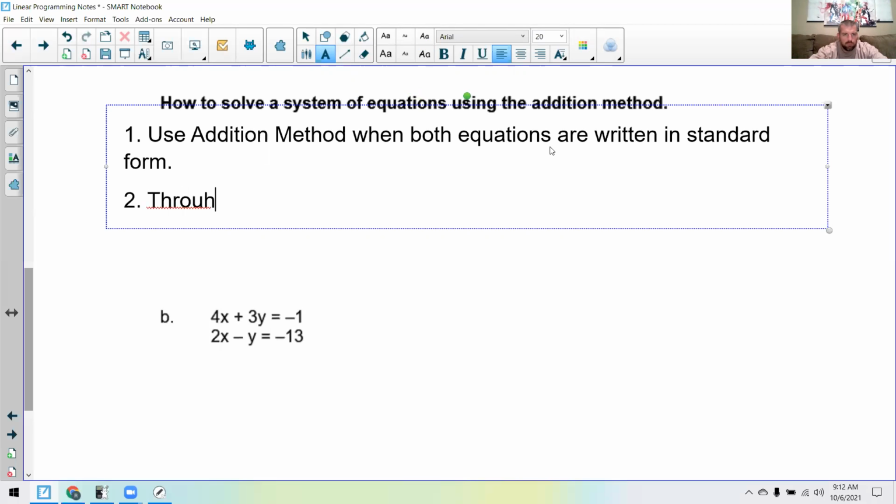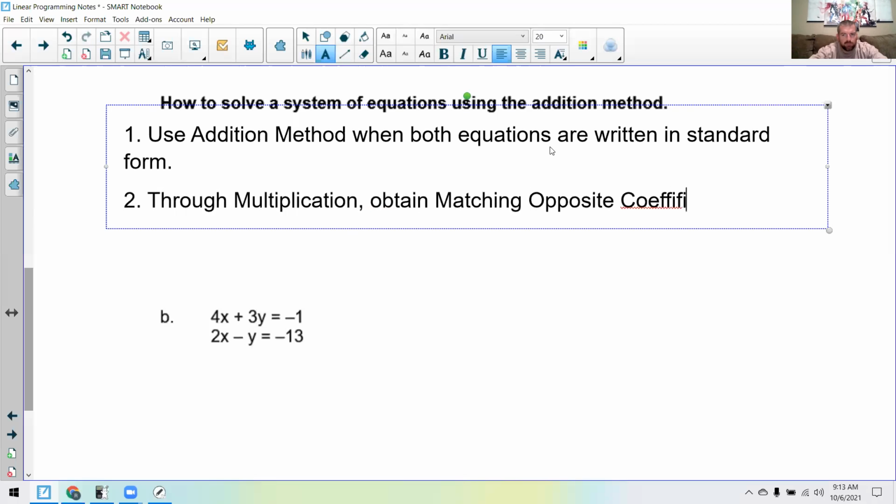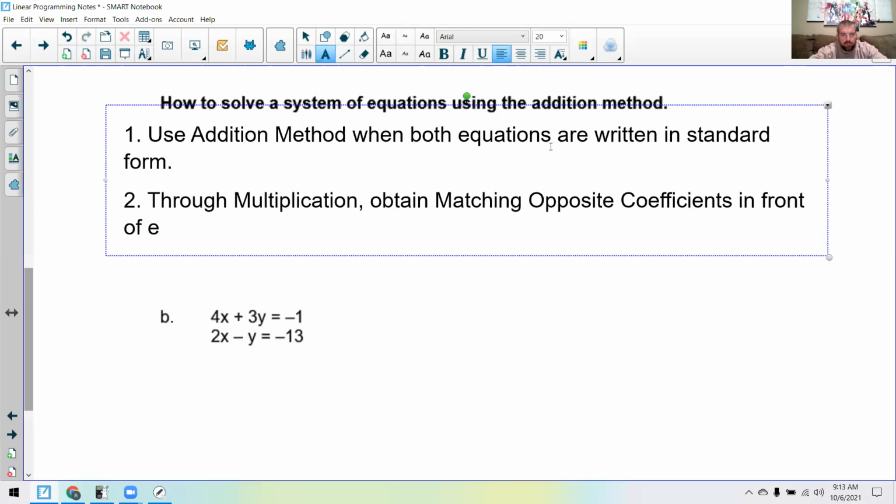Through multiplication, obtain matching opposite coefficients in front of either variable.